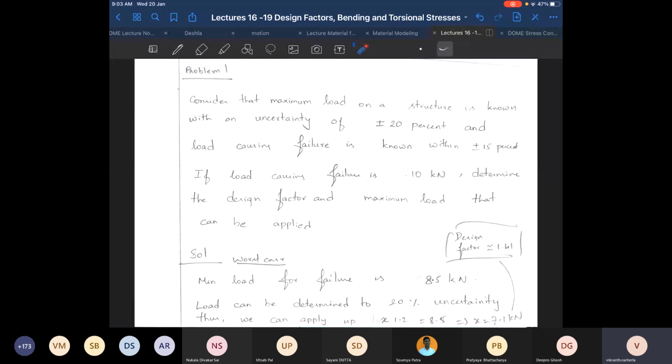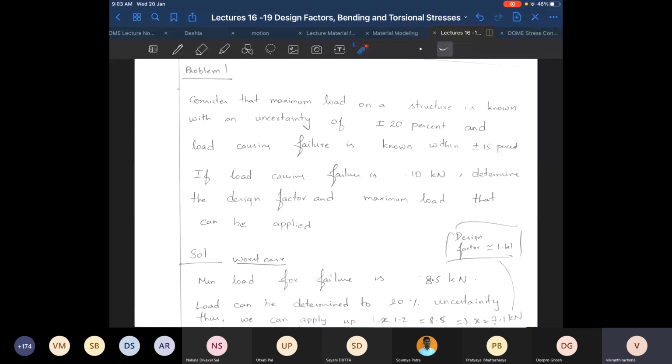But that measurement itself is inaccurate, and it can only be trusted to within 15%. Now, if the load causing failure is 10 kilonewtons, determine the design factor and the maximum load that can be applied.